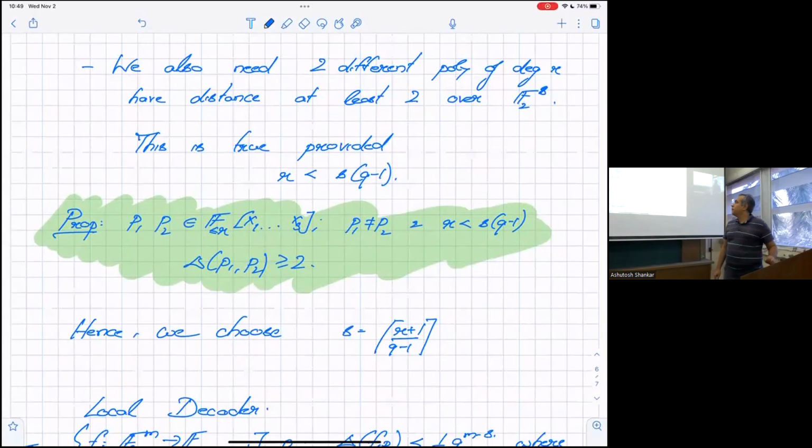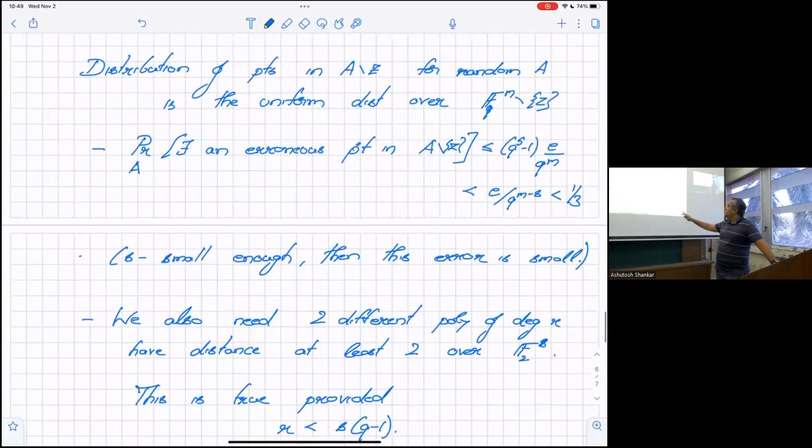Not R+1. Actually, if you stare at this very closely... By the way, this 1/3 is not really an issue. This 1/3 can be made half minus epsilon, and then you can boost it. That's not an issue.